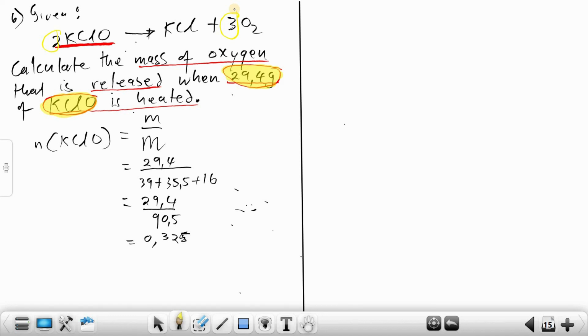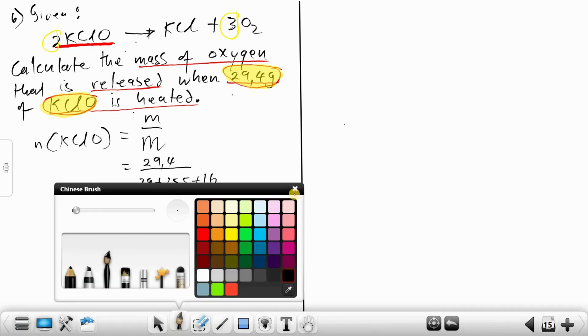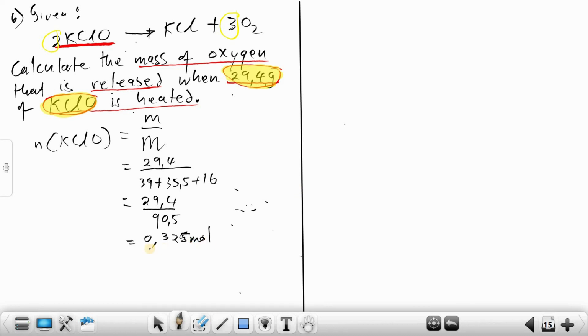So let's say, after getting this number of moles, what do I need to do? I need to link the given with the unknown. What must I do? I must use my molar ratio. What is it that I am comparing? The number of moles of given to the number of moles of the unknown, which is oxygen in this case.